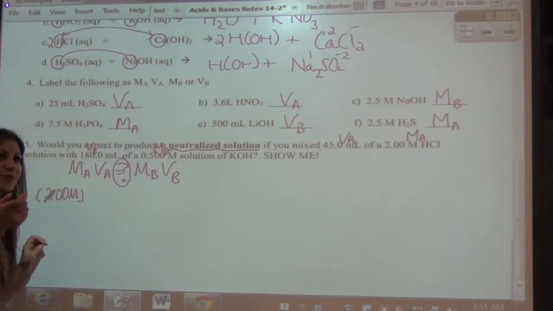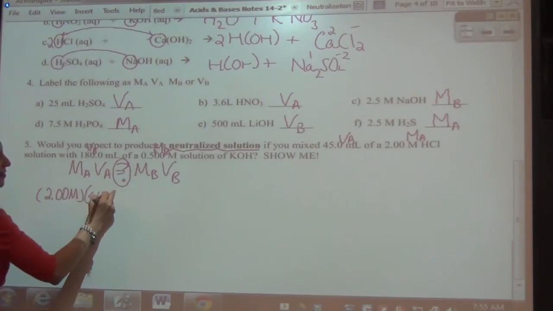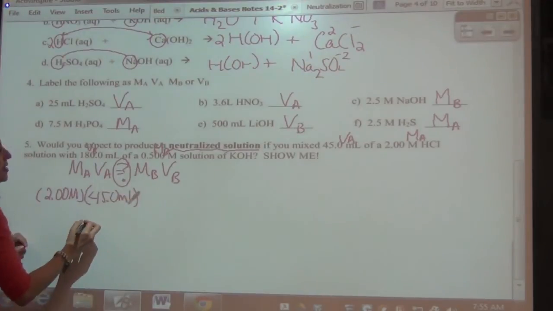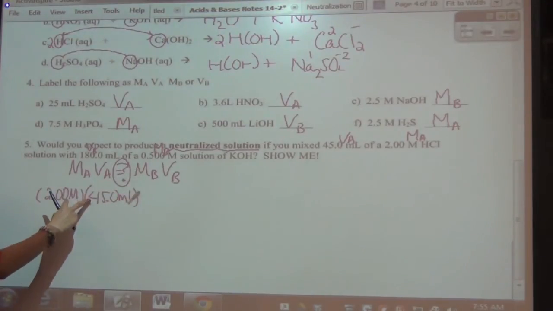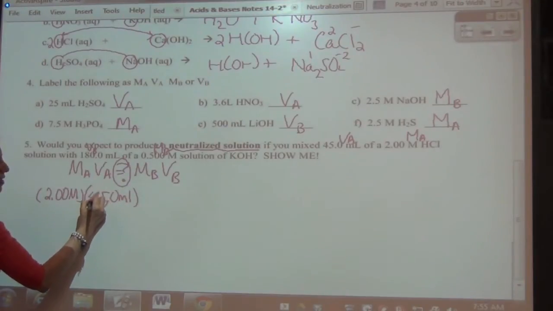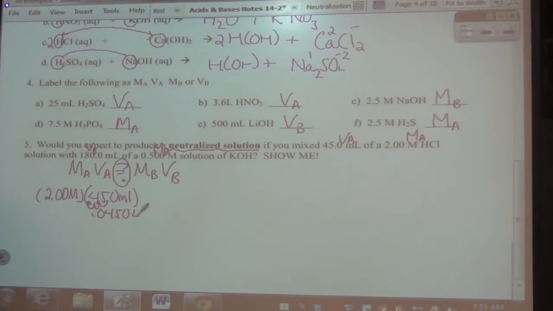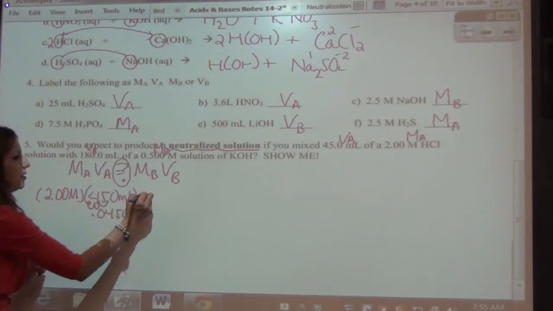Okay, coming up, next person. What is your Va, please? Good. 45 mils. Now, typically because you want it to equal moles, you'd want to shift your decimal 3 to the left and make it 0.0450 liters. You're going to see whether or not they're equal, you can figure it out anyway.